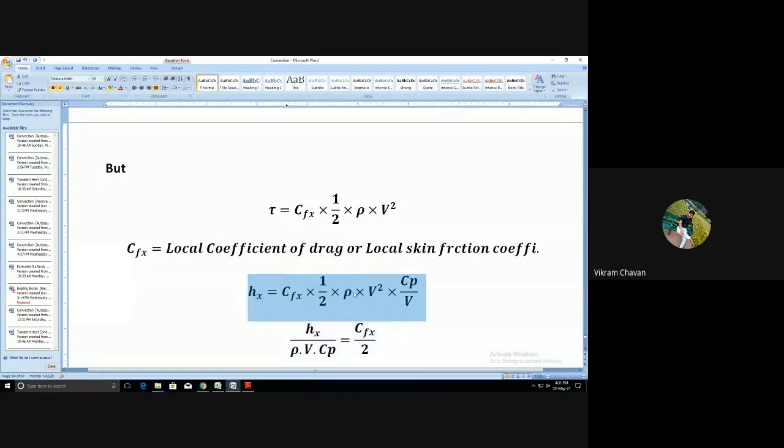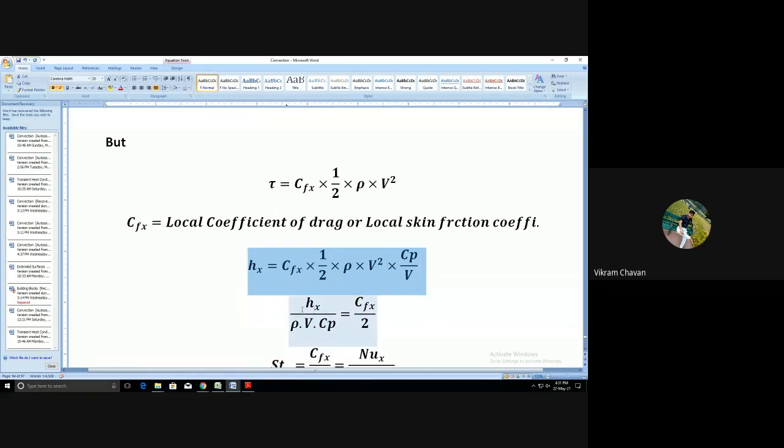V square is there, and in the denominator V is there, so that V will be cancelled. So we'll get the term Hx divided by rho V Cp, which is equal to Cfx divided by 2.